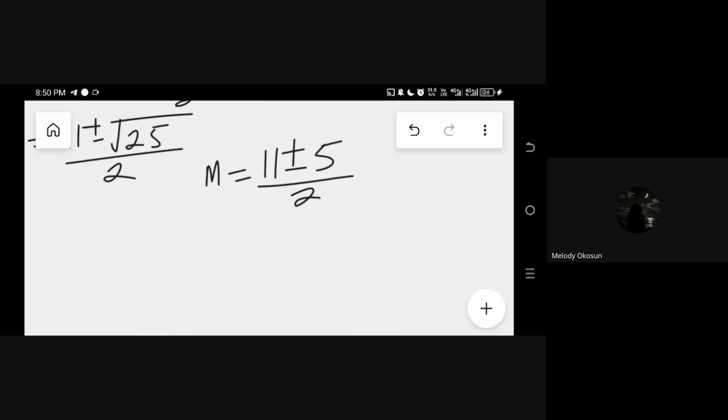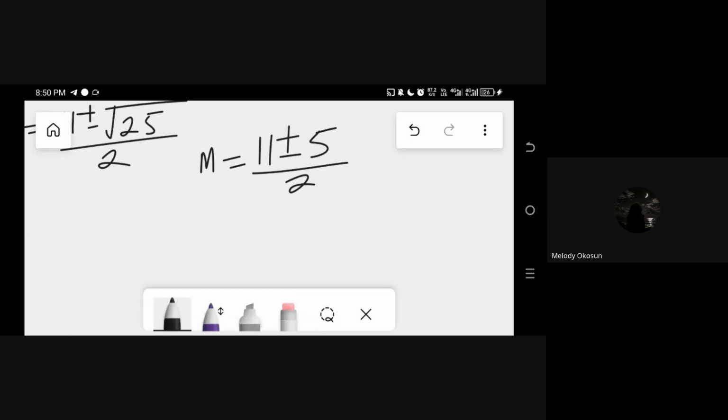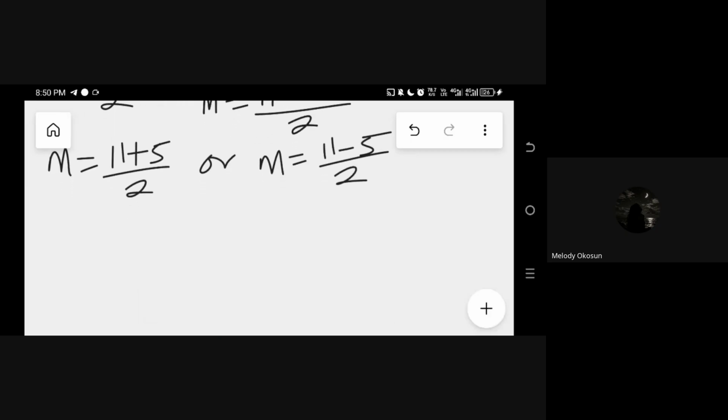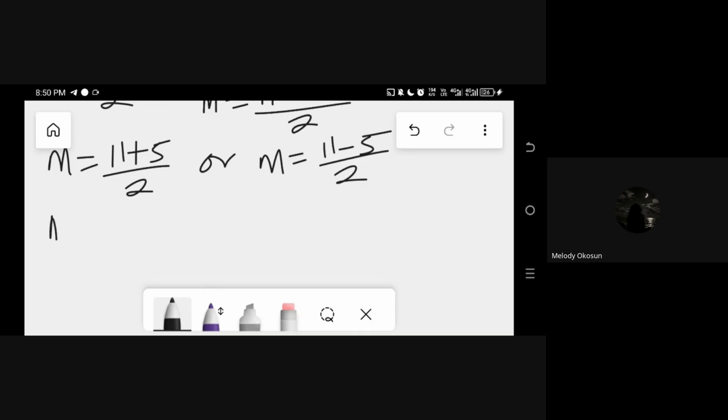Then you can now separate them and say that m is equals to 11 plus 5 over 2, or m is equals to 11 minus 5 over 2. Then doing that, here you have m is equals to 11 plus 5 is 16. 16 divided by 2 is 8.